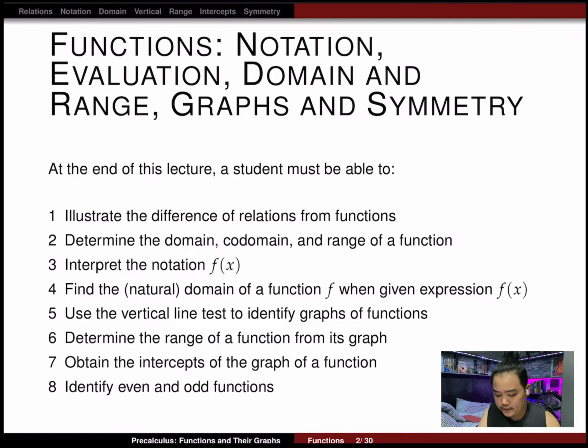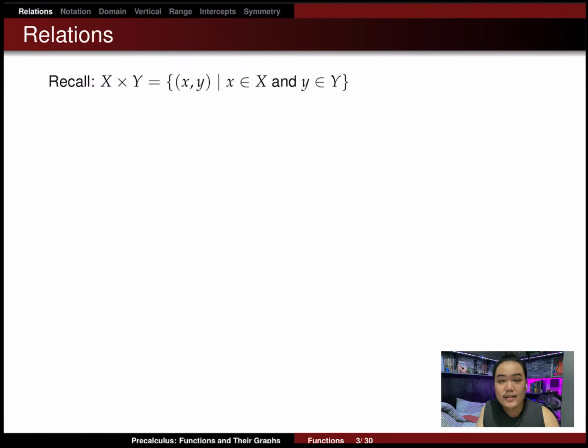Ang dami, no? Okay, so let us recall what we mean by x cross y if we have two sets, x and y. So, this x cross y is just a set whose elements are ordered pairs xy, wherein the first component must come from the first set and the second component must come from the second set.